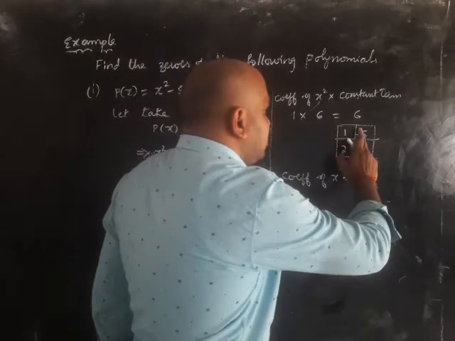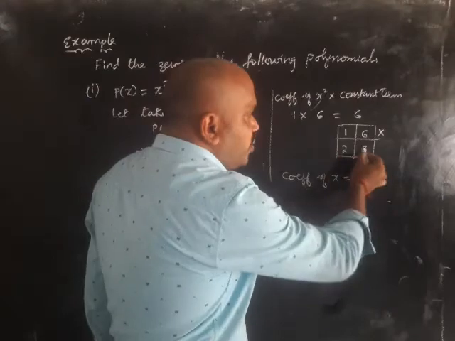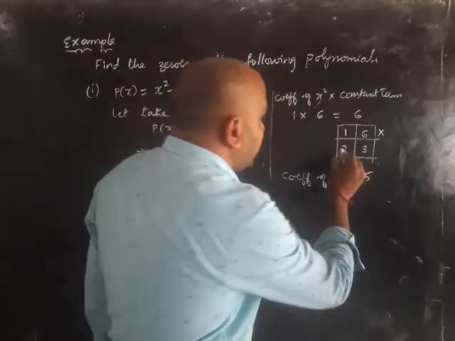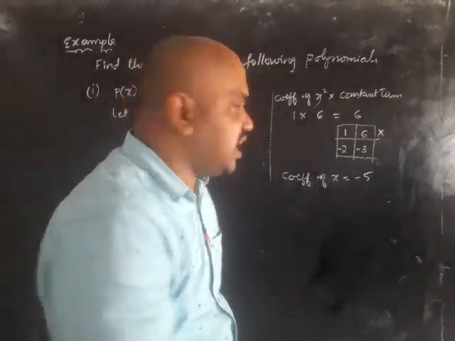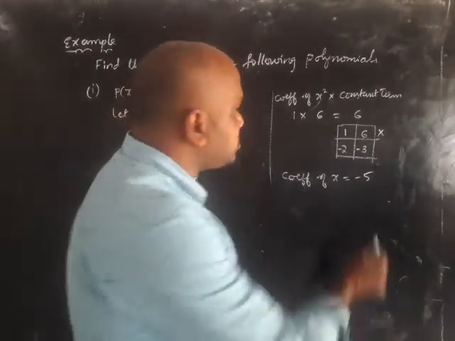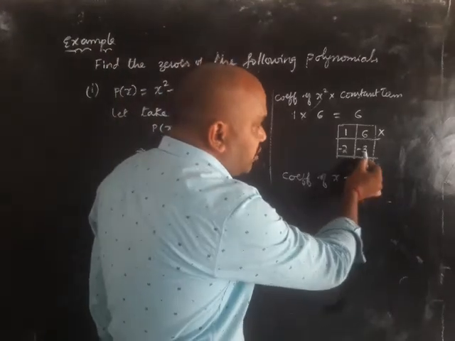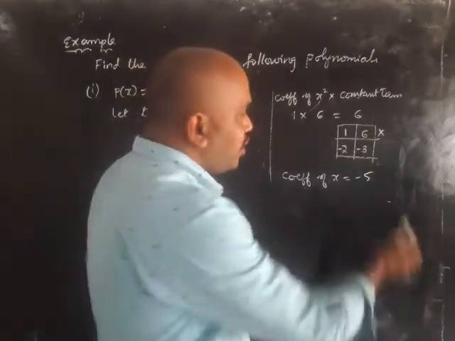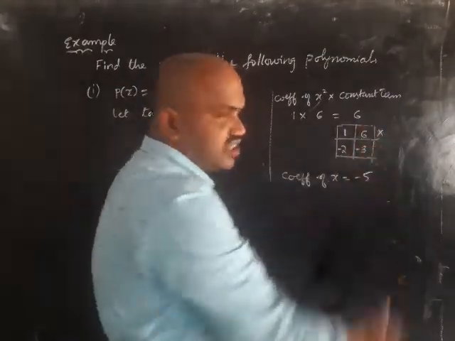So this is not our answer. Now see here, 2 plus 3 is 5. And minus 2 and minus 3 gives minus 5. And if we multiply minus 2 into minus 3, minus into minus becomes plus, 2 threes are 6.